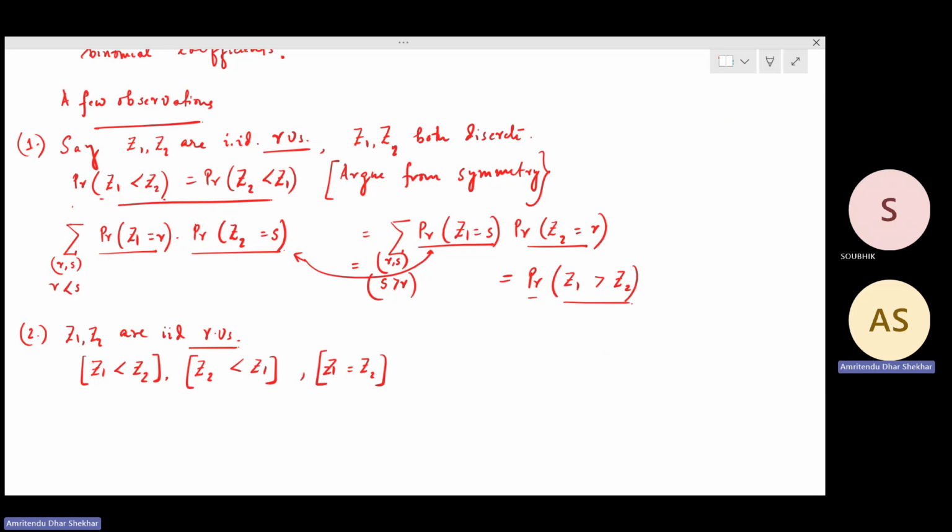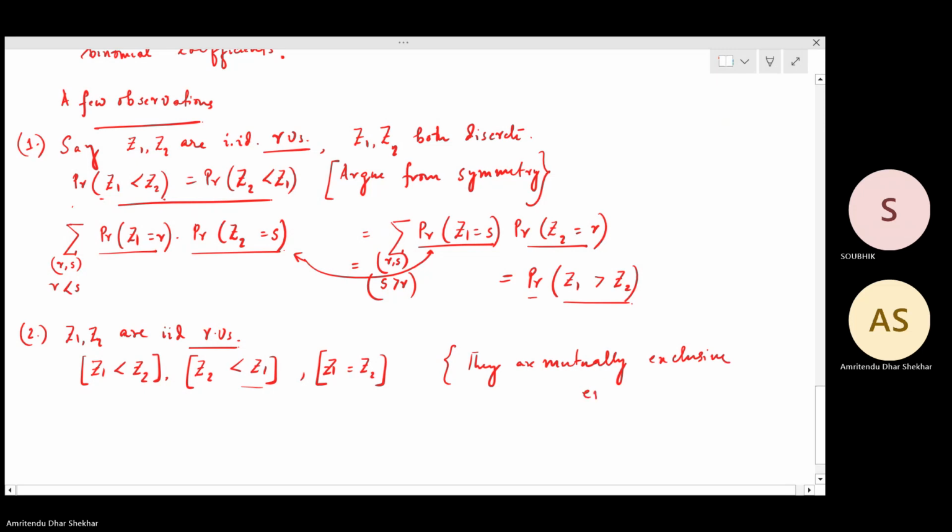So there are three events possible, and these three events are obviously mutually exclusive. If Z1 equals Z2, then obviously the other two would be false. And if one of the others is true, then the rest would be false. This is obvious, so they're mutually exclusive events. So what does this mean?